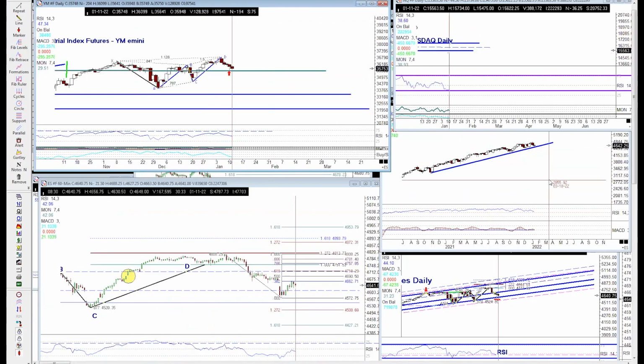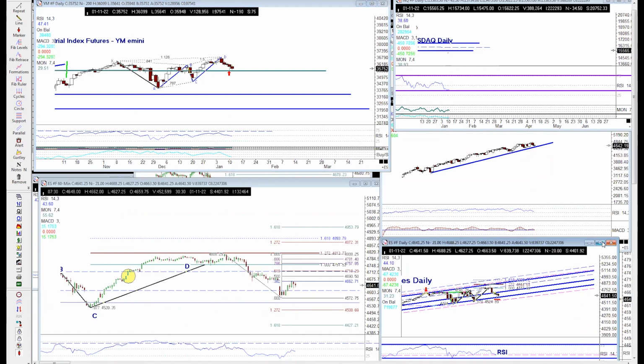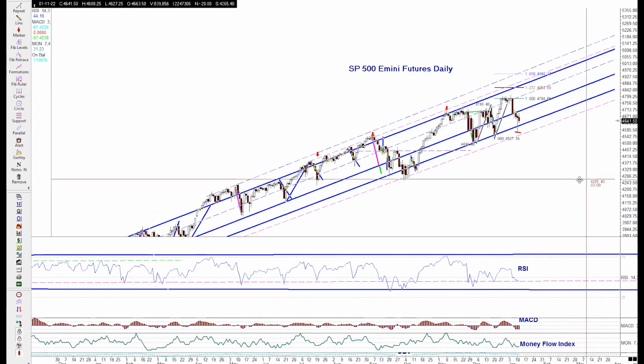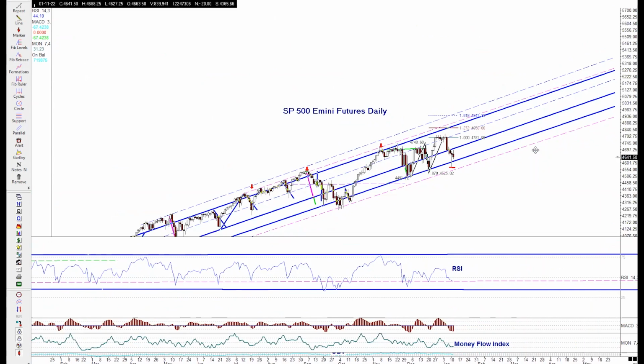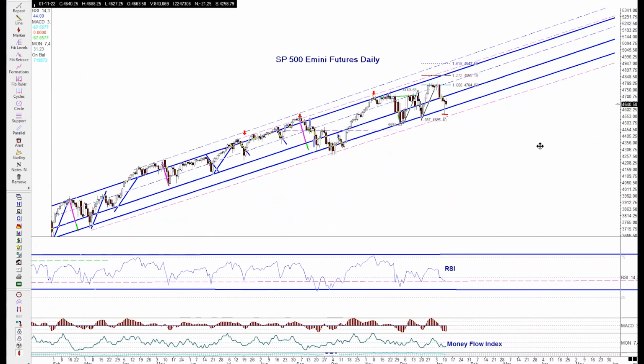Now from there, I'd like to scale down. We looked at the weekly of the S&P, now let's look at the daily chart. Some of you may have seen this before, but this is a parallel channel chart of the S&P E-mini futures on a daily chart. Here we can see the A, B, C, D sell pattern.